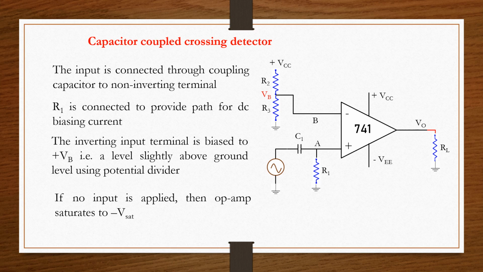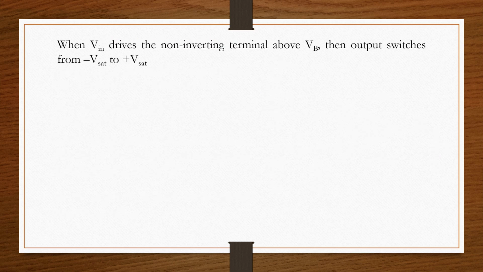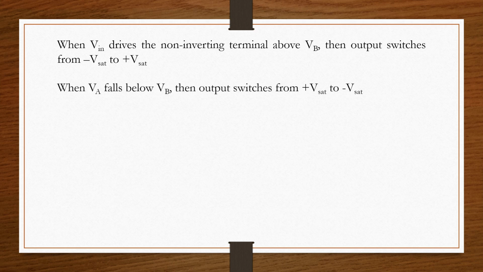When Vin drives the non-inverting terminal above the level VB, then the output switches from minus Vsat to plus Vsat. Now, when VA falls below VB, the output switches from plus Vsat to minus Vsat.